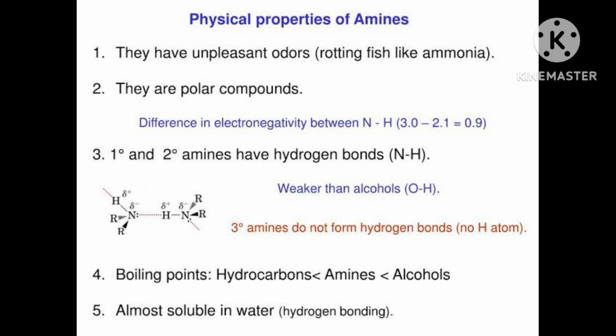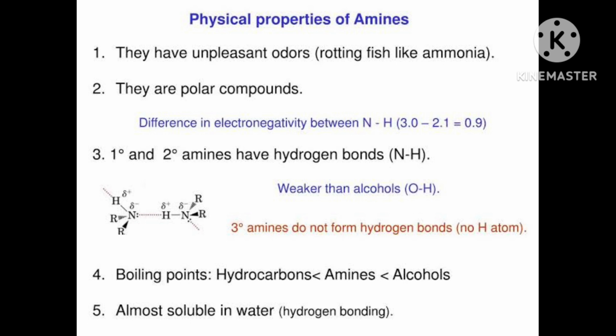That is why primary means NH2, secondary NH, and tertiary only N. In NH2 one valence is open, in secondary two valences are open, in tertiary three valences are open. And these amines differ in many reactions.